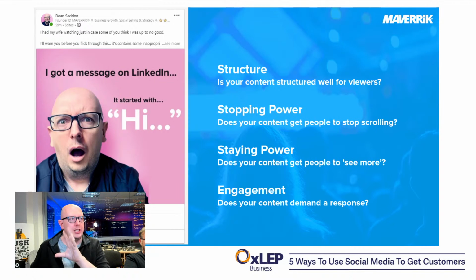Twitter not so much as the others, but definitely LinkedIn and Facebook. And it is this: structure, stopping power, staying power, engagement. Now you need those 4 things, and they're marginally different on the different channels, but generally these are those. So number 1, structure.